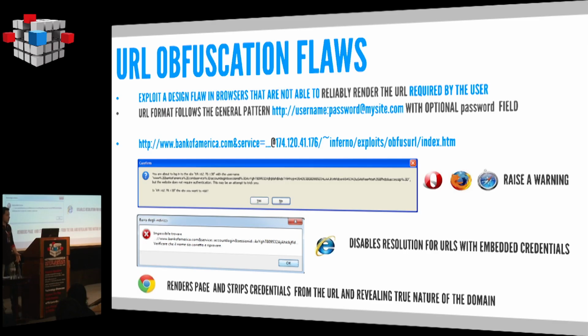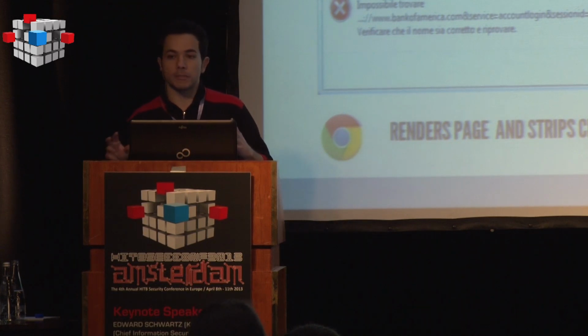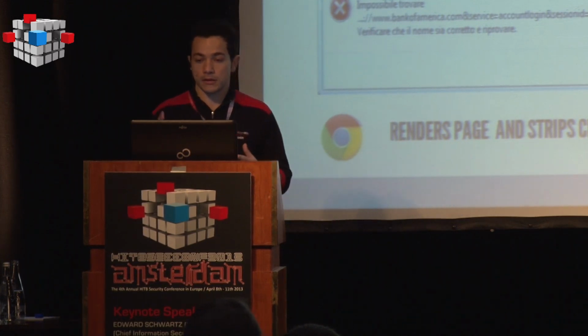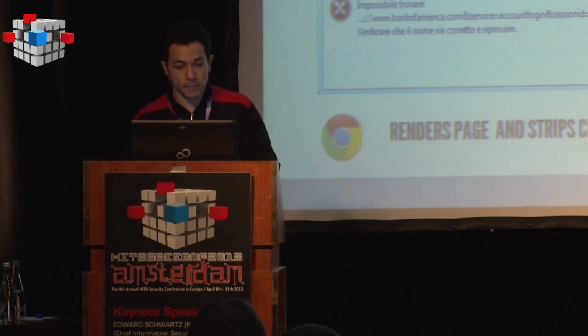Another quite popular attack was the URL obfuscation attack. This attack exploits a design flaw in browsers that are not able to reliably render the URL required by the user. Generally speaking, a URL can embed some credentials. And so the general pattern is http://username:password@domain, where password is an optional field.